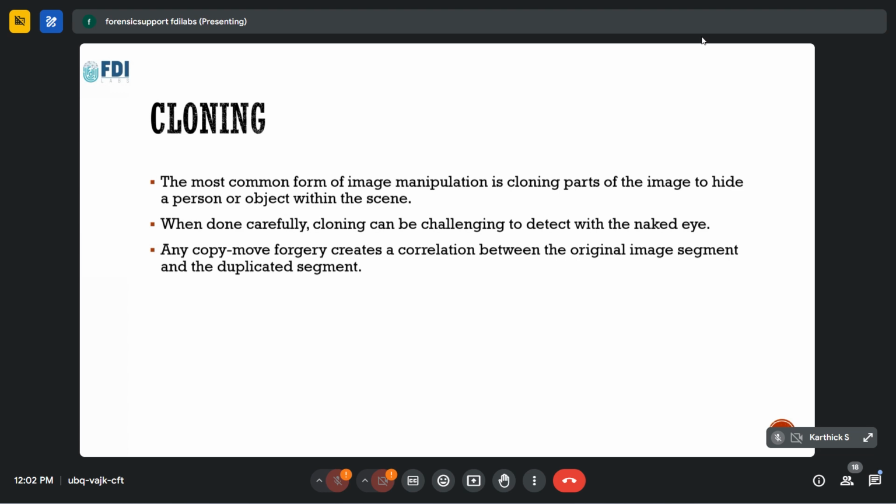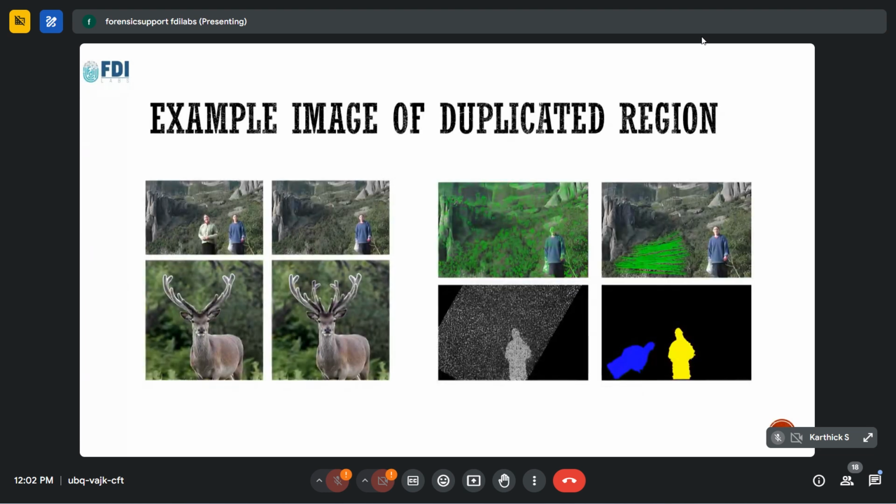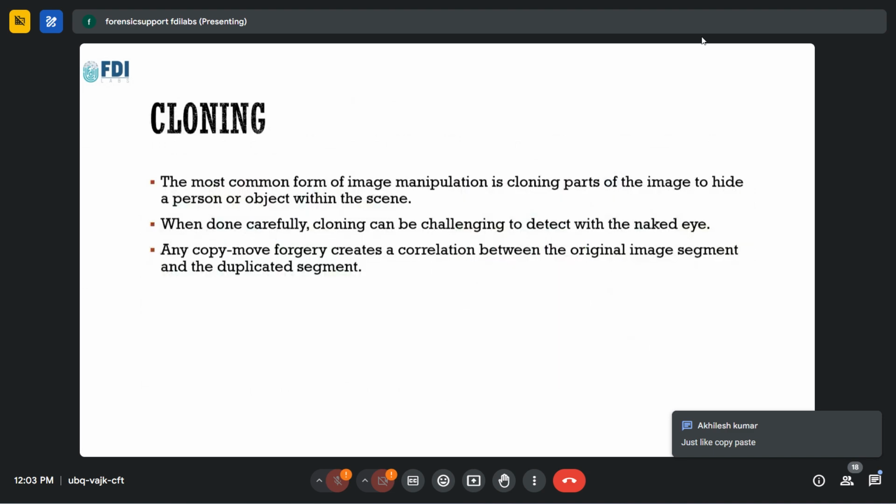If we look at this example of a duplicated region, we can find the features which are pasted over the other portion, and those two portions will exhibit the same properties. Any copy move forgery creates a correlation between the original segment and the duplicate segment, and when done carefully, cloning can be challenging to detect with the naked eye.